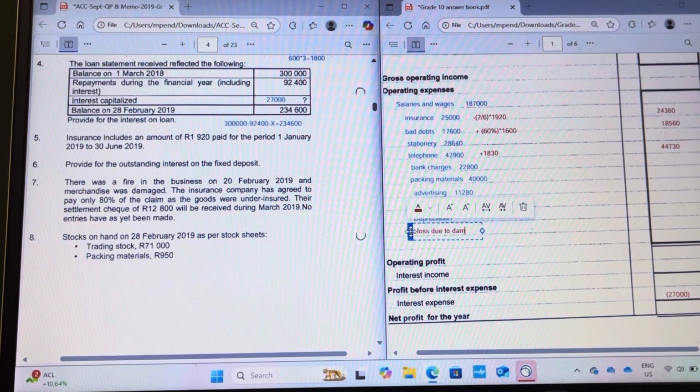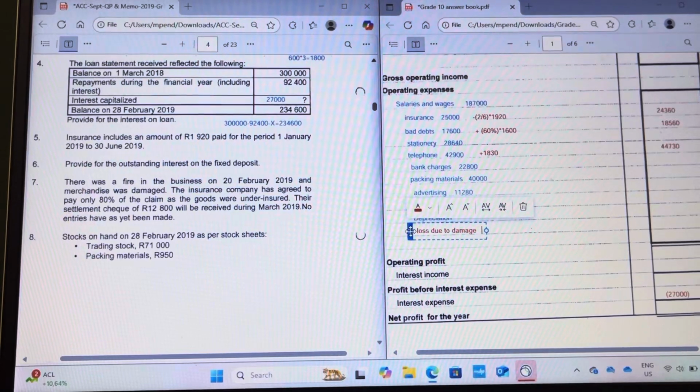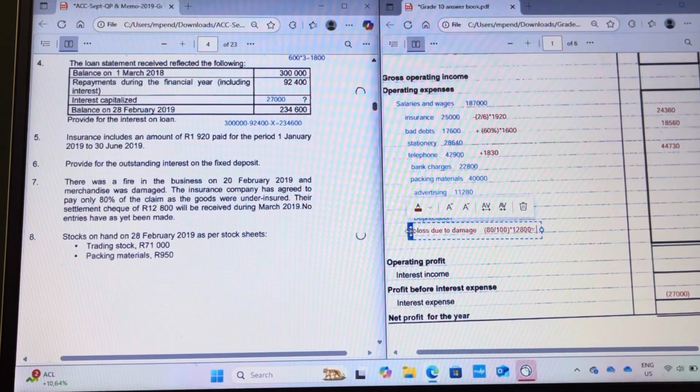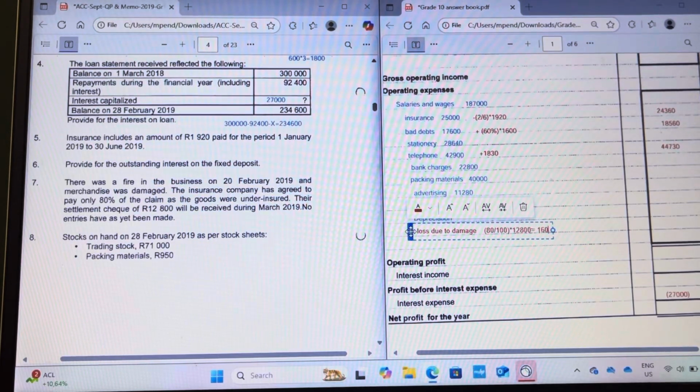Due to damage. Now, in order to find what the original cost is, what we know is 80%. What we want is 100% of the claim. And how much is the claim? It is 12,800. And if you do that, you will get an amount of 16,000.